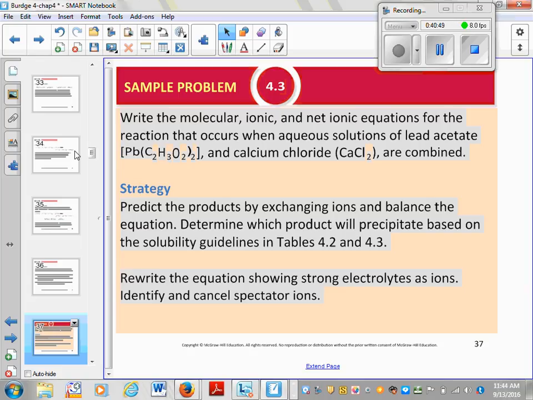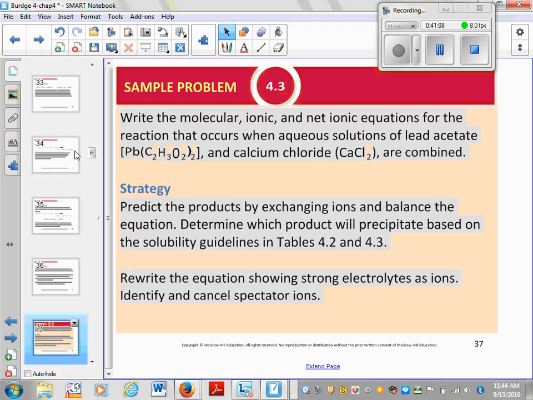Are there any exceptions? Nope. Okay, so we know that's water soluble. So the calcium acetate is going to be what? Aqueous. What about lead chloride?